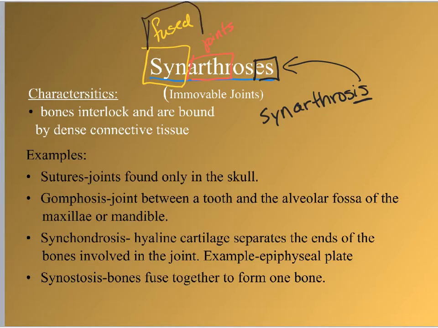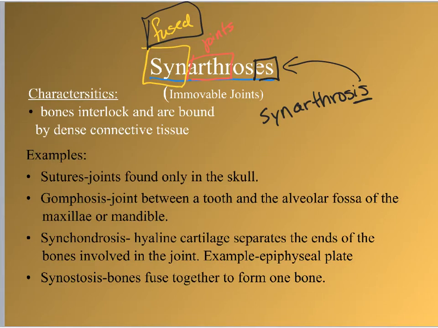These are joints where bones have formed in the fetus independently, but have grown together. That's what the fused part of that means. In the fetus, these bones will form separately and be separate bones, but over time, those bones fuse together.